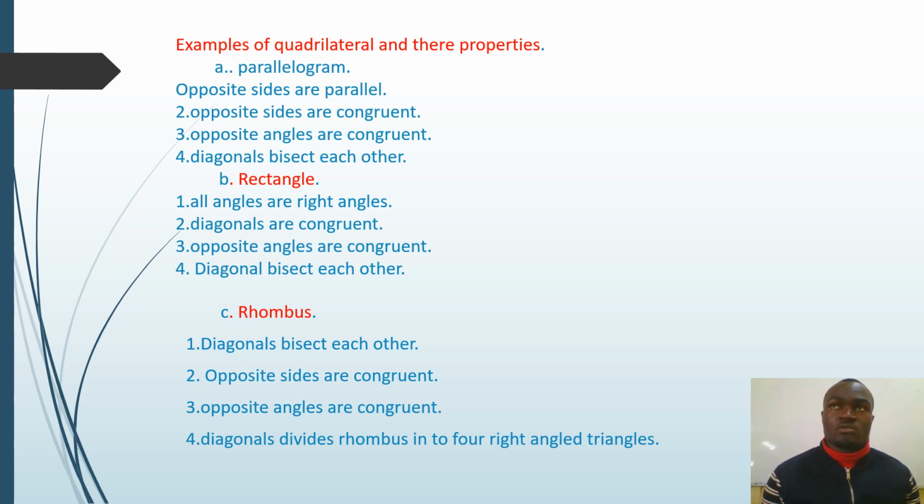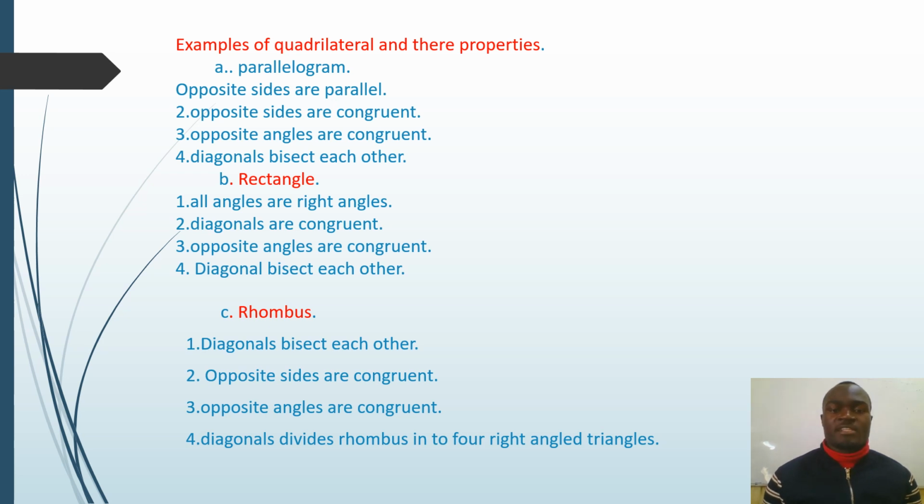That's what we call the diagonal, and the one diagonal is equal to the other diagonal. Then the third property is opposite angles are congruent also. Each angle in a rectangle is 90 degrees. So opposite angles are equal. Take note of that.